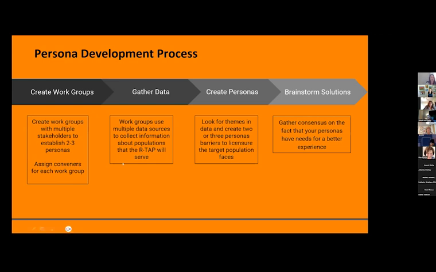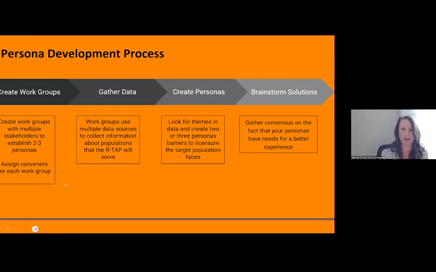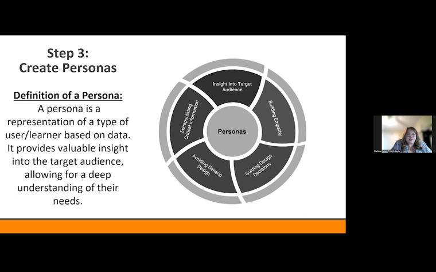The goal is to brainstorm the solution. So what's the consensus? On yes, that we understand our users, and we also all understand that there is a need in place for them to have a better experience. So what are solutions that we could begin to work on to make their experience better? The process of creating those personas is really to have a representation of the type of user or learners that is data driven.